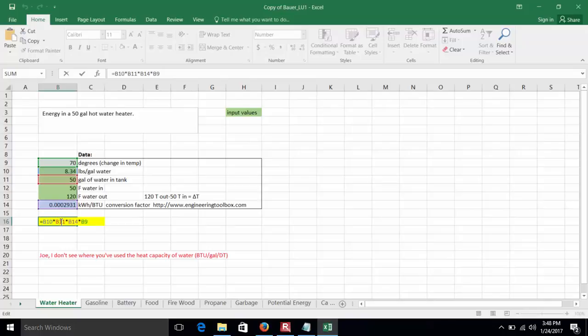It's nicely formatted, but unless there's 1 BTU per gallon per degree Fahrenheit, which it's not, because it's a BTU per pound per Fahrenheit. So his answer's off by a factor of 8, because there's 8 gallons in a pound, 8 pounds in a gallon.